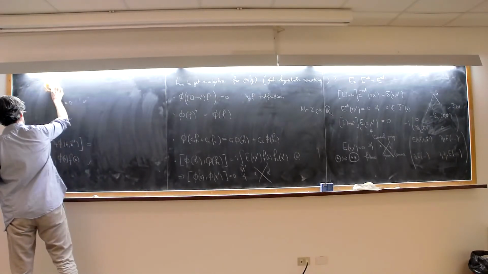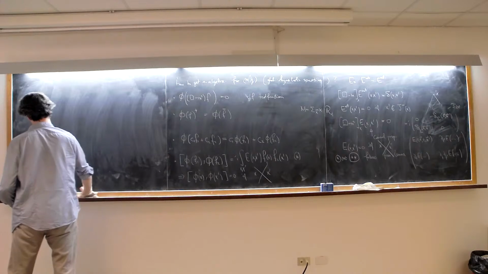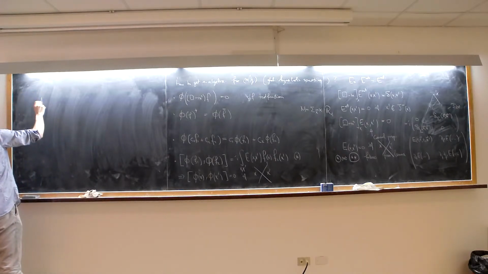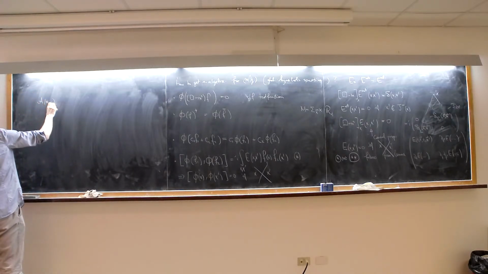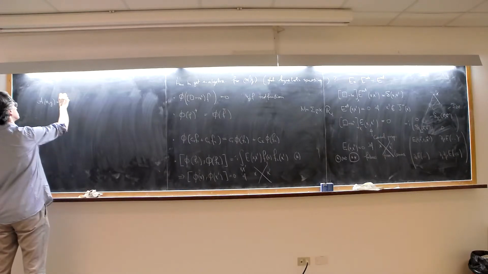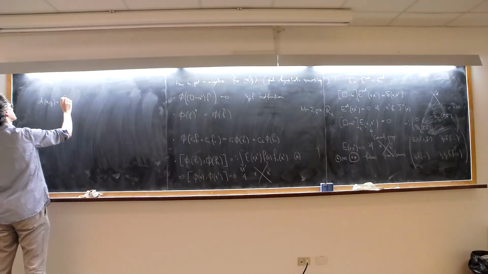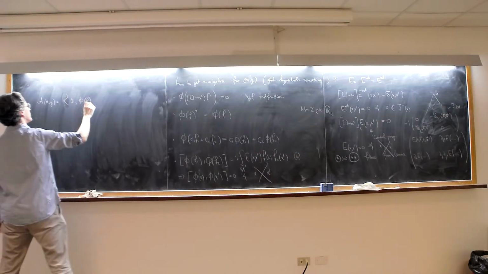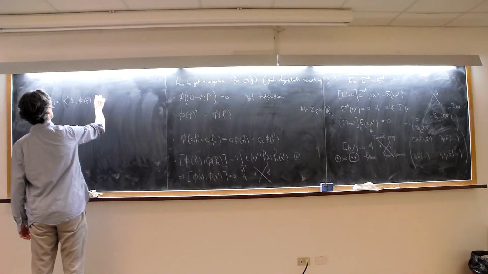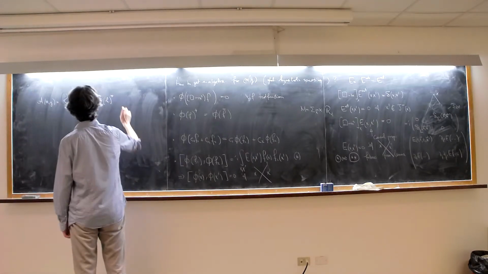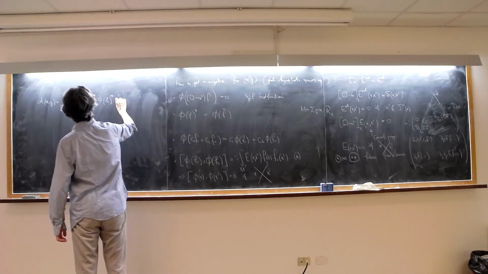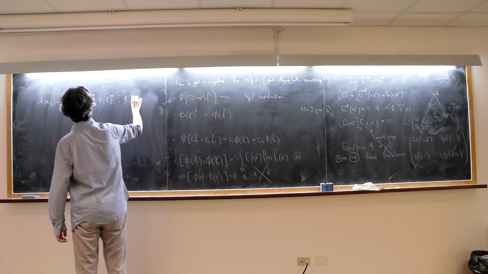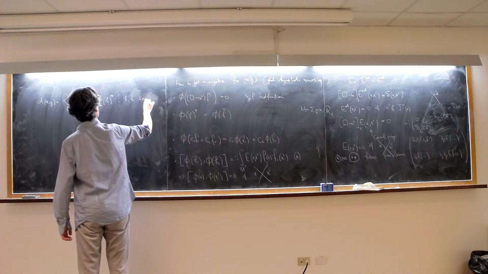So now the algebra of this example, it's just the algebra generated by identity, phi of f, and by kind of symbols that should be as functions.